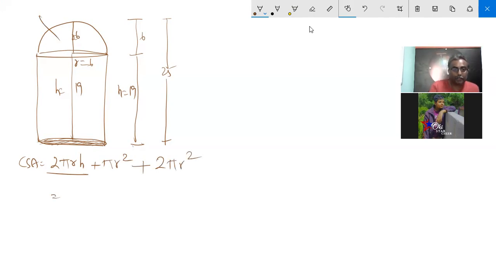So we can take pi r out. 2 pi r h plus pi r squared plus 2 pi r squared.